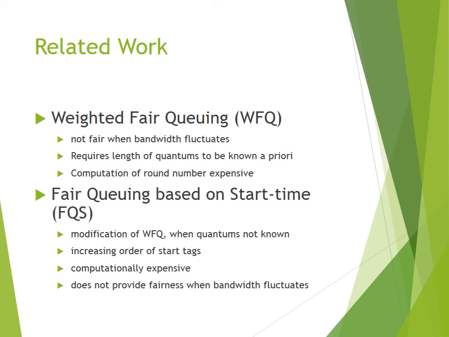The next is fair queuing based on start time, FQS, which was proposed in a paper in the references. Its aim is to make WFQ suitable for CPU scheduling when the quantum length may not be known per thread. It doesn't provide fairness when the bandwidth fluctuates.